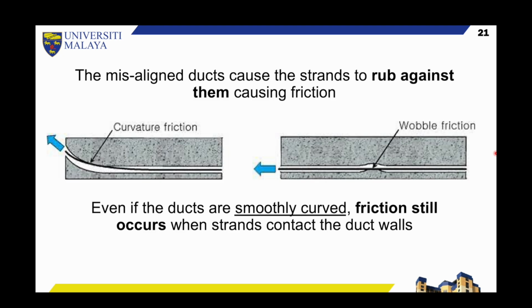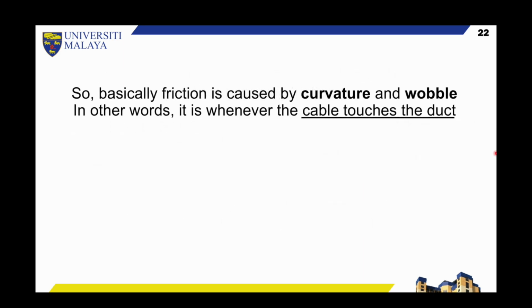You cannot have the strand curving without it actually touching the duct. So basically, friction is caused by two things, curvature and wobble. In other words, whenever it touches the duct.